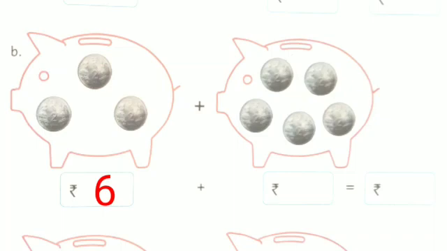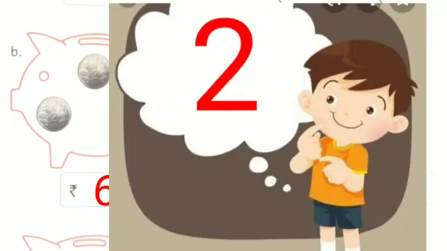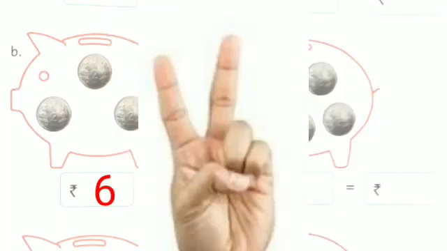Students, let's see the second piggy now. Here we have 1, 2, 3, 4 and 5 coins of 2 rupees. Now we will add them. Keep rupee 2 in your mind and open 2 fingers. Now count after 2: 3 and 4.